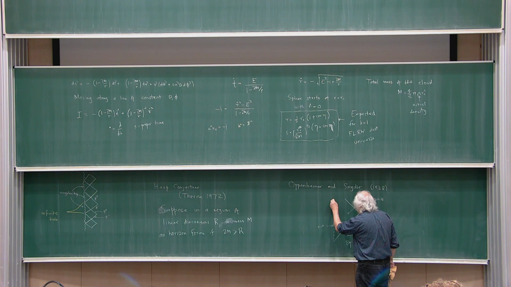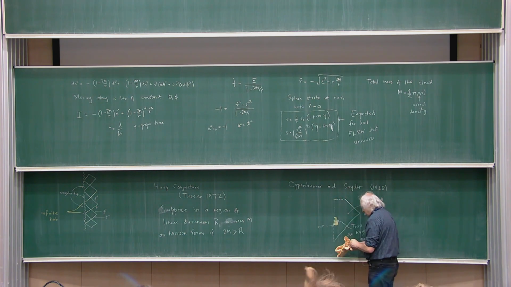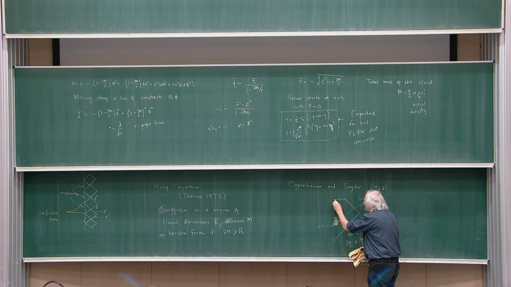But what's happening here is that there is gravitational collapse so that the ball of matter looks something like this.